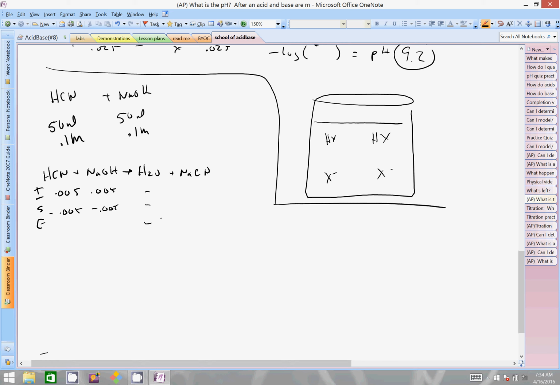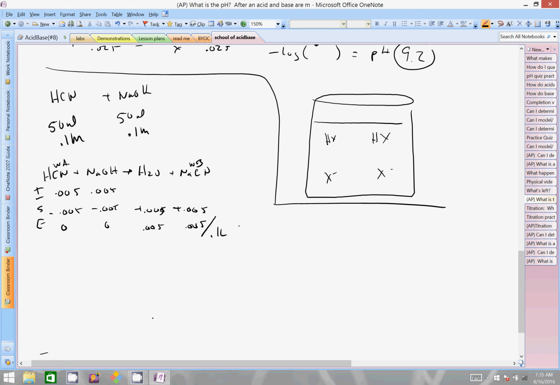Water is just being produced, so he's not playing a role. Plus 0.005, plus 0.005. This is a weak acid, this is a weak base. 0, 0, and then just 0.005 and 0.005 divided by the new volume, which would be 0.1 liters.